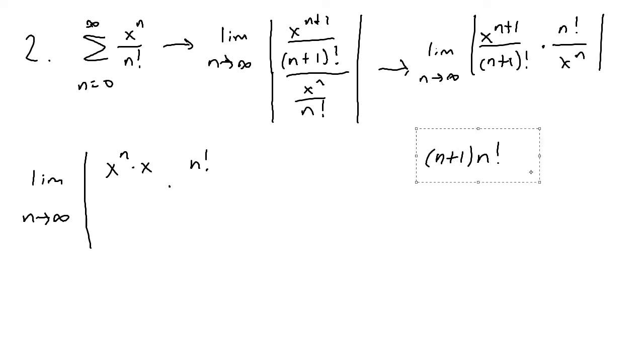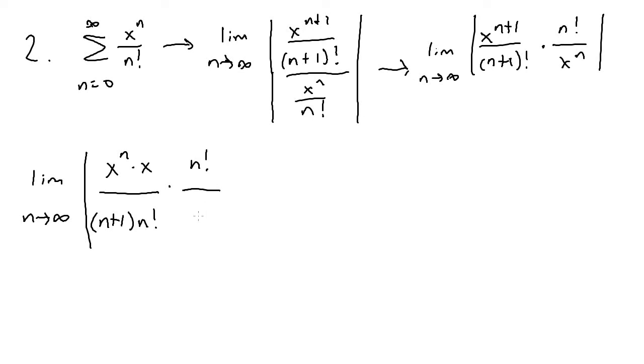So if I rewrite it like that, over n plus 1 times n factorial, multiplied by n factorial over x to the n. The x to the n's will cancel, and the n factorials will cancel. So we're left with the limit as n approaches infinity of 1 over n plus 1.